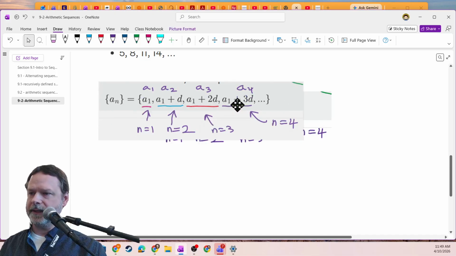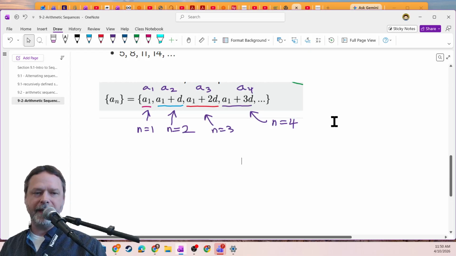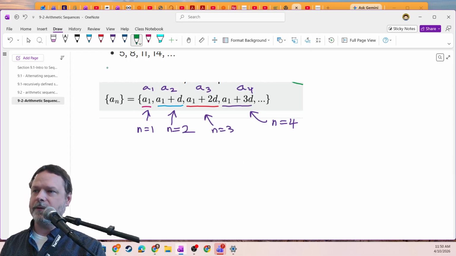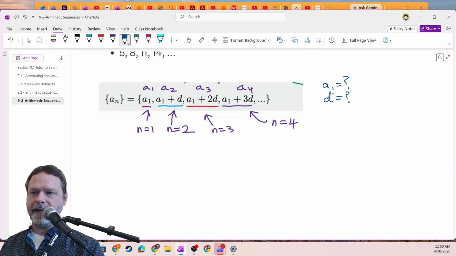Let's see if we can make up a formula. Of course, what do we need to know? We need to know what our a sub 1 is and our common difference. If we know what those are, then we're going to be able to find a sub n.